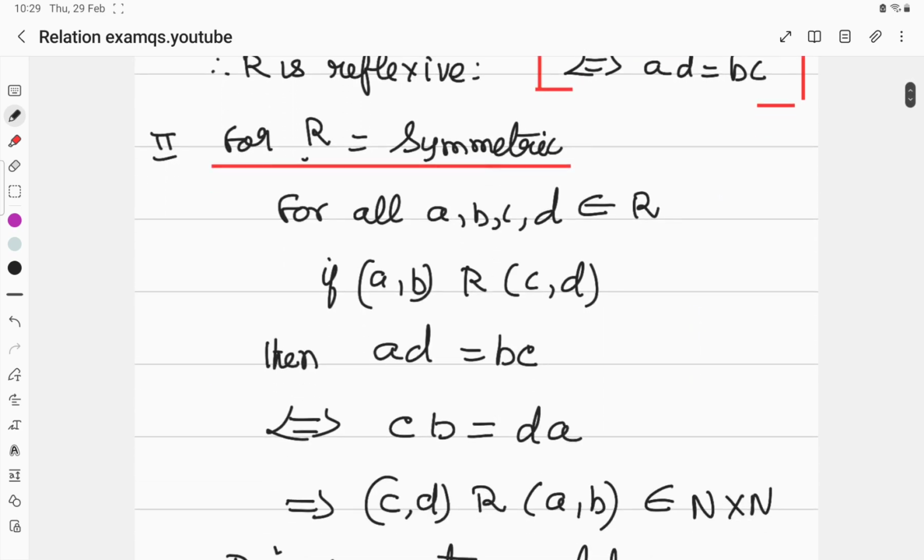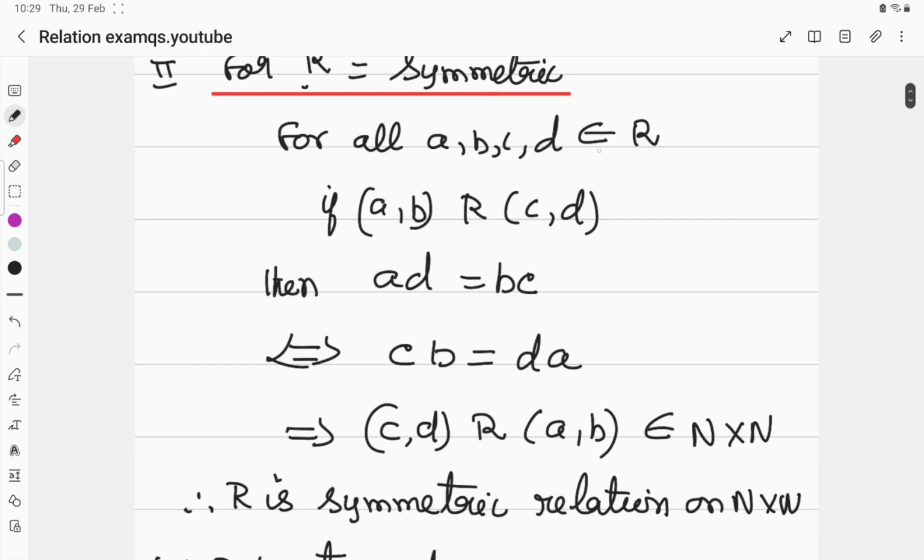To prove R is symmetric, for all (a, b), (c, d) belonging to R, if (a, b) related to (c, d), then ad = bc, if and only if bc = da. Commutative.